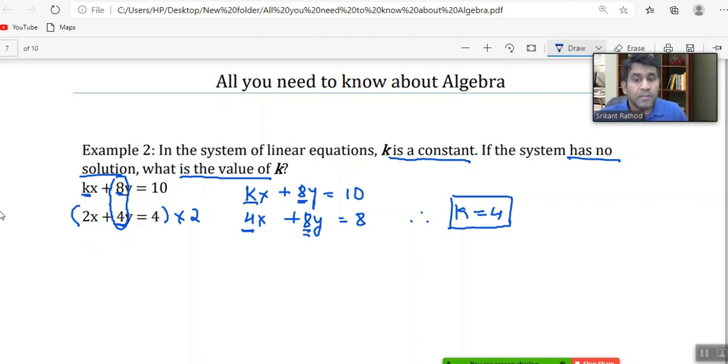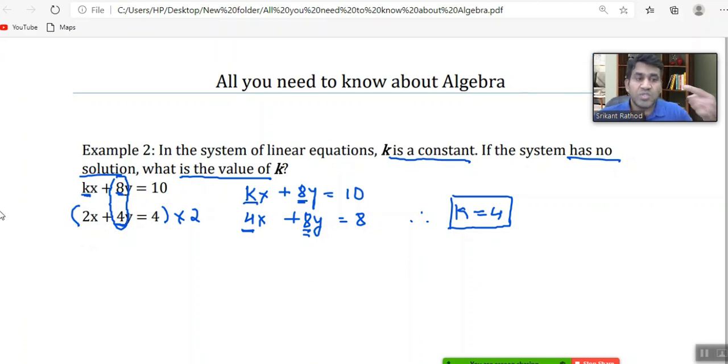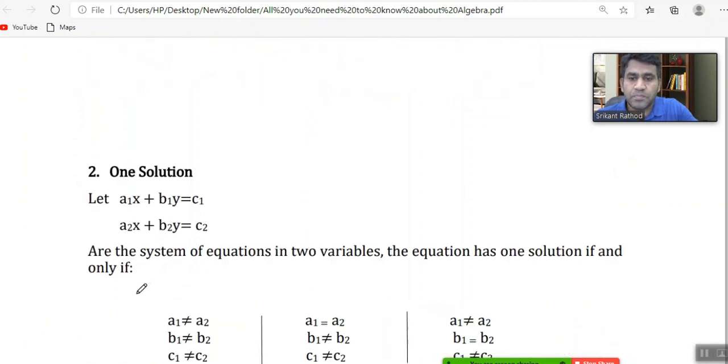Don't do that, because before comparing the coefficients you should check whether the coefficients of x and y are equal or not. If they are equal, yes, you can do it directly. If not, you have to make them equal by multiplying or dividing by some number, and then compare, and find which unknown they are expecting you to solve. All right, this is the type of question you can expect based on no solution.